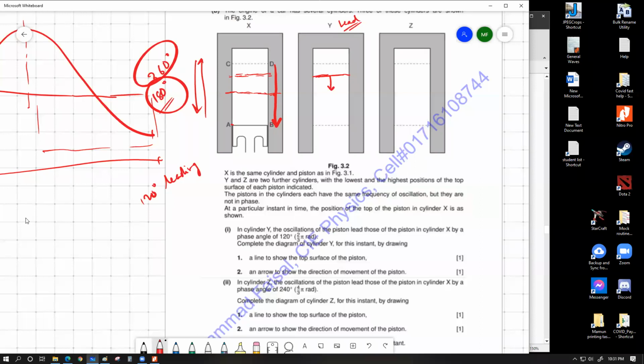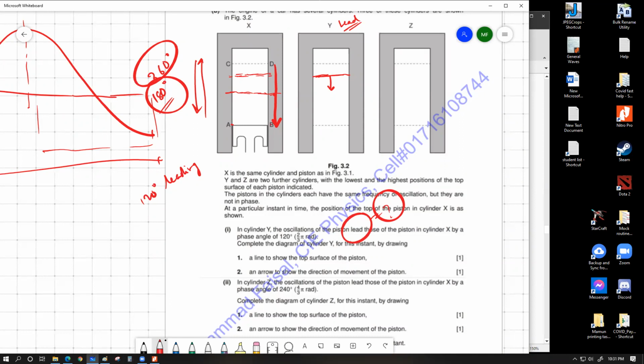So I'm pretty sure I have messed up the explanation of this word, what would actually physically happen when one oscillation is leading another oscillation. I will clear this up again in your next class. I got the position right, but I got the arrow wrong.